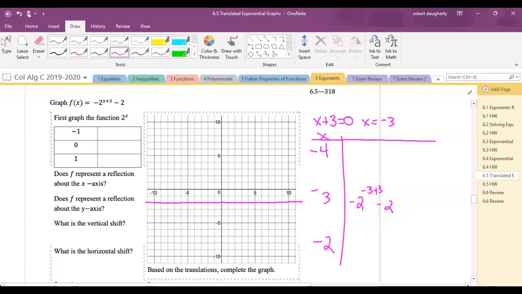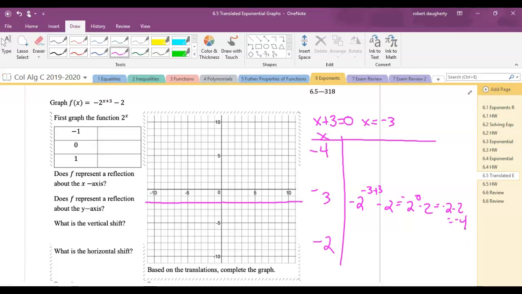What's negative 3 plus 3? 0. So this is negative 2 to the 0 minus 2. What's 2 to the 0? 2 to the 0 is 1. So this is negative 2 minus 2. What's negative 2 minus 2? Let's go with negative 4, right?